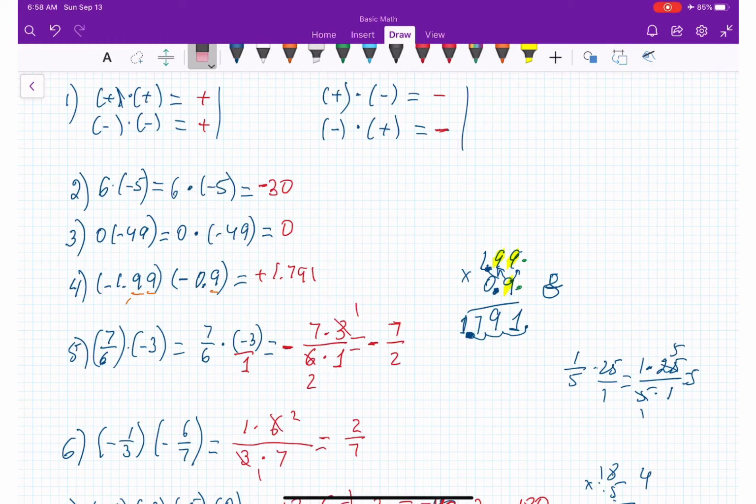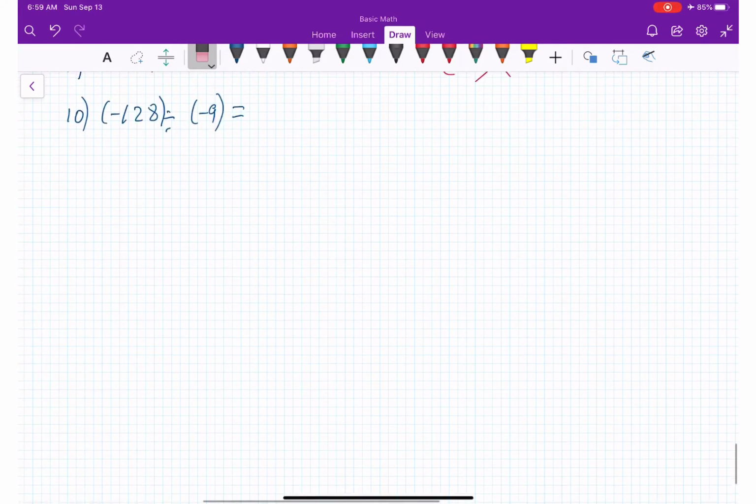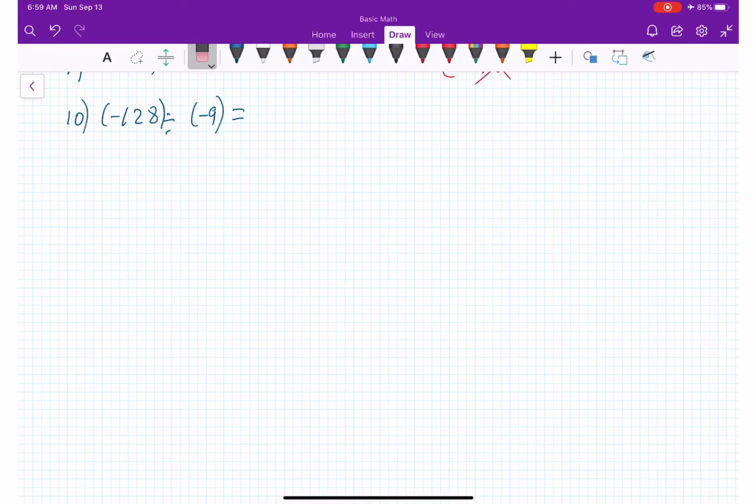If the numbers have different signs, the result is negative. Okay? So 128 divided by 9. First of all, both numbers have the same sign, so the result is going to be positive. All we have to do is 128 divided by 9.